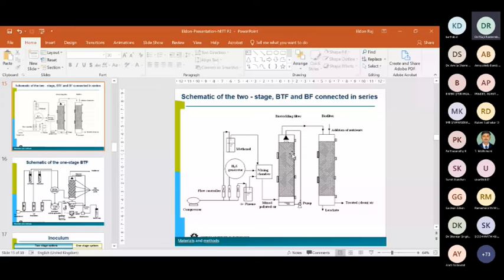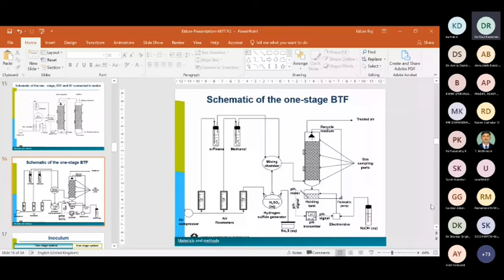Whereas in the second system, we wanted to explore the option of, instead of going for two systems, integrating them into one. So we went for a biotrickling filter.